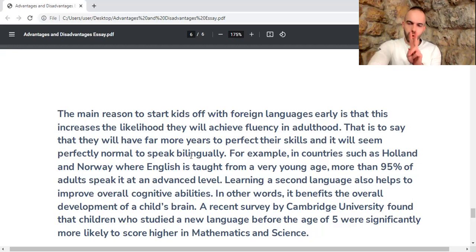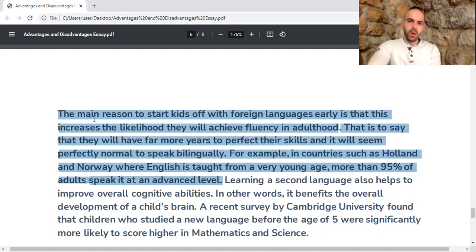Bilingually means 2 languages. For example, in countries such as Holland and Norway, where English is taught from a very young age, more than 95% of adults speak it at an advanced level. Okay, so we've done the topic sentence of the first advantage, the explanation of it, and then the example of it.